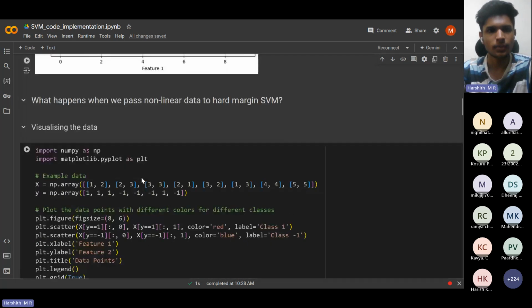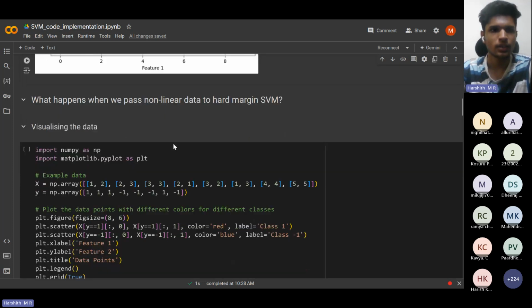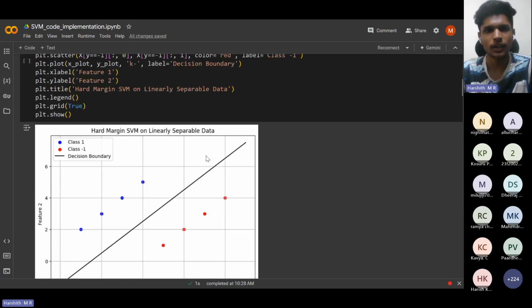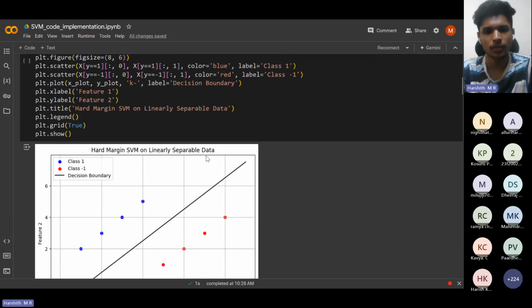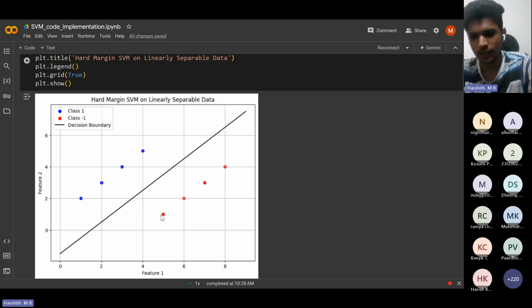And what happens when we pass non-linear data to the hard margin case? What I mean by non-linear data is, let's say you have a blue point over here, in this part of the space. Our hard margin algorithm won't be able to handle it because that won't satisfy our constraints. We determined certain constraints, right?